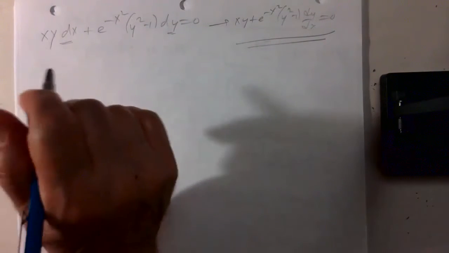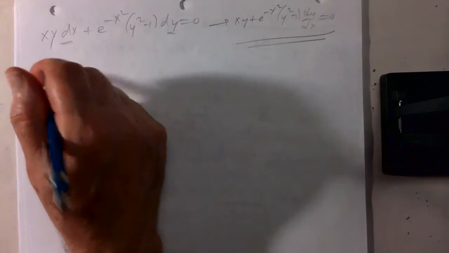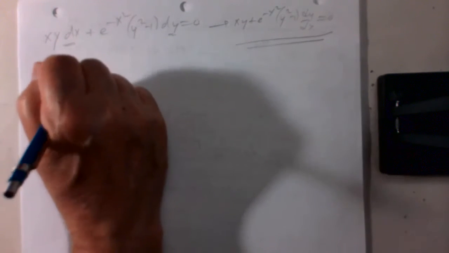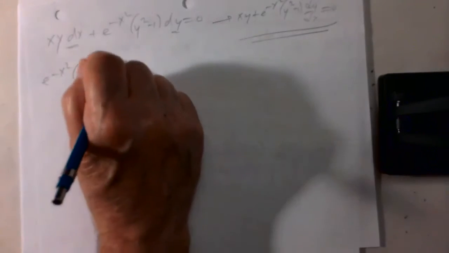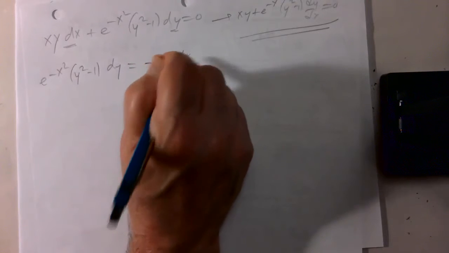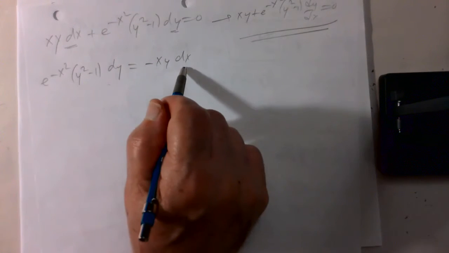So we have e to the minus x squared, y squared minus 1 dy equals minus xy dx. But I only want y's on this side and x's on this side.